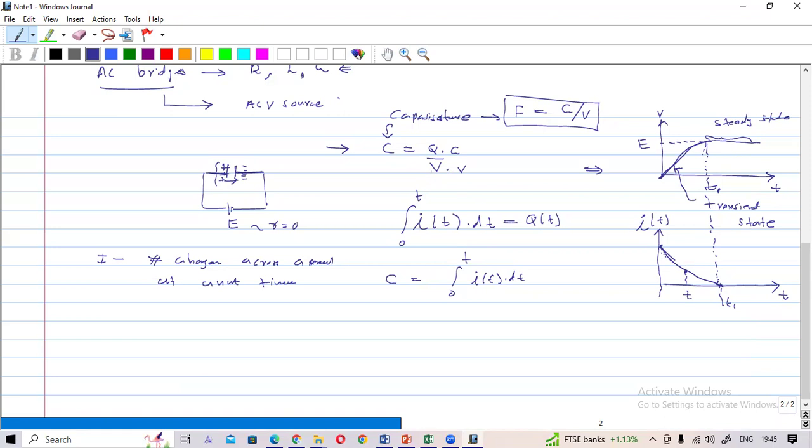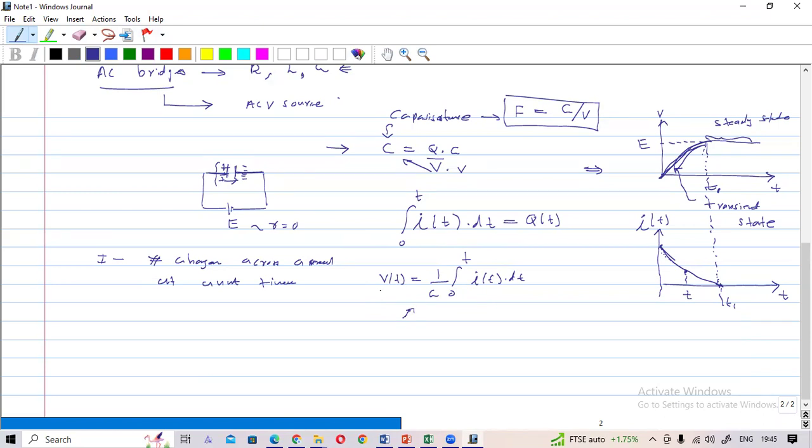Then you can get V here. So V is also a function of time. V is also changing with time, you can see. So I will write it V(t) equals 1 over C times the integral. Maybe you are familiar with this equation.